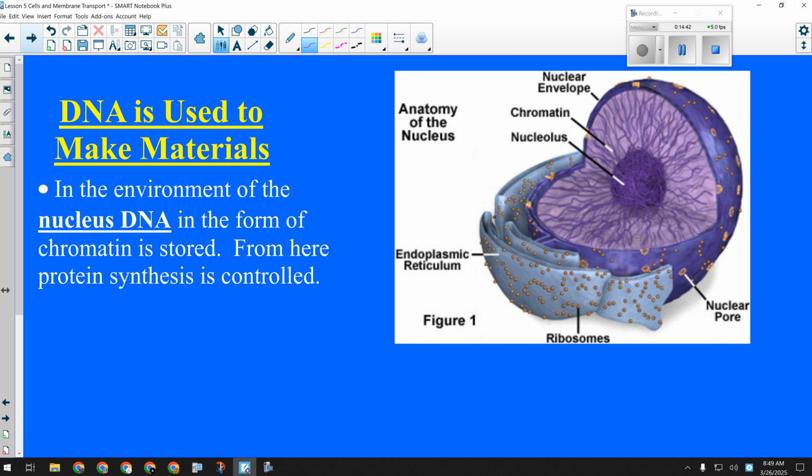And DNA is obviously the code for making materials. If your cell needs to make something, it goes and finds that section of the DNA and makes a copy. That copy is then used as instructions to build whatever it is your cell needs.